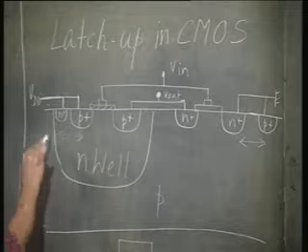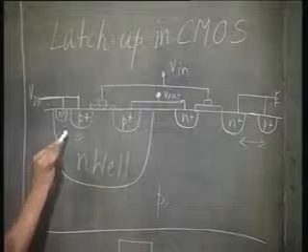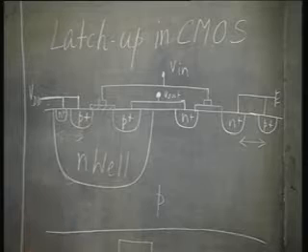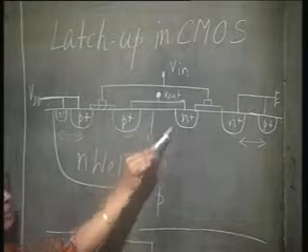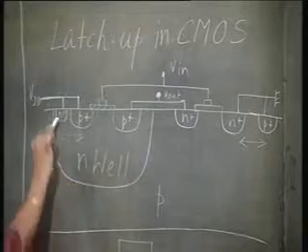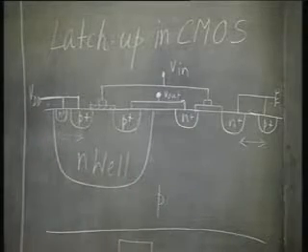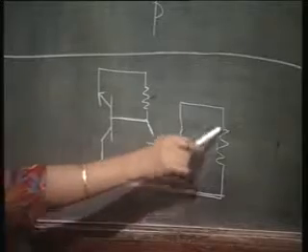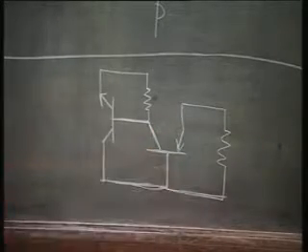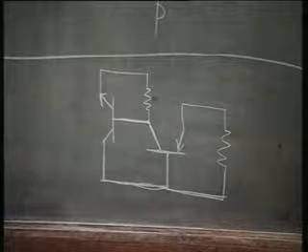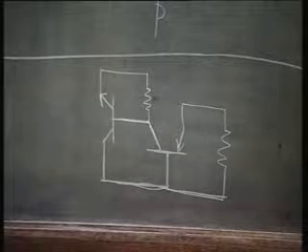These electrons go out, go into the N well, get collected through this. Now, because of the N well resistance, you see this is the path of the NPN transistor. Okay. In this collector region, this is the NPN transistor. Okay. Here I have a resistance.